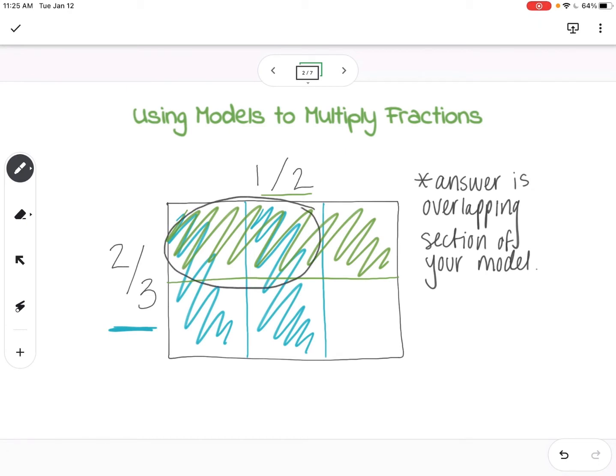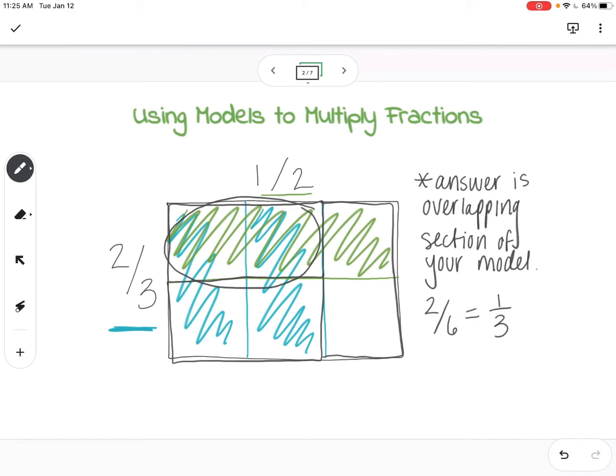That looks like 2 out of 6 parts, which when I reduce that is the same as 1/3. If you look more closely at this, you can see that this would be 1/3, this would be 1/3, and this would be 1/3.